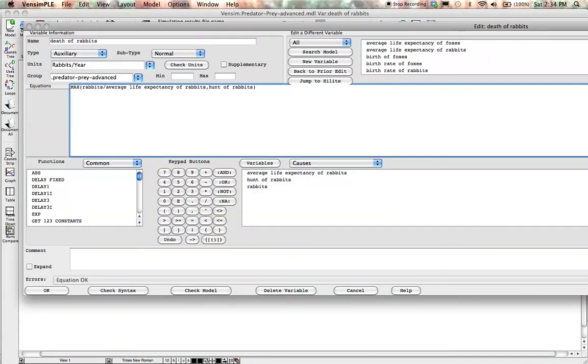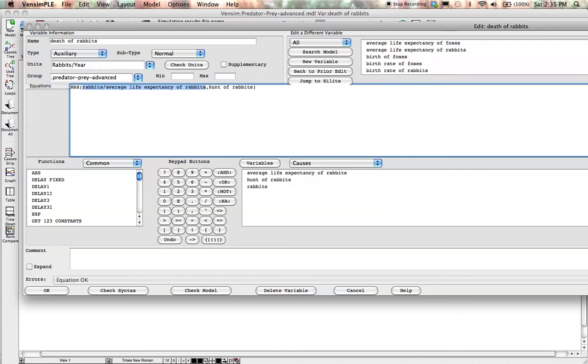Now rabbits can die for two reasons: A, they die naturally, or B, they're consumed by foxes. So the death of rabbits is going to be the maximum, and this is the introduction of a function in Vensim that chooses the maximum between two values. The first value is the hunt of rabbits, the amount of rabbits consumed by foxes, or the other possibility is you take the population of rabbits and divide it by the average life expectancy.